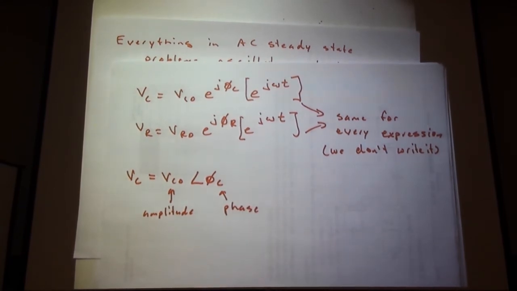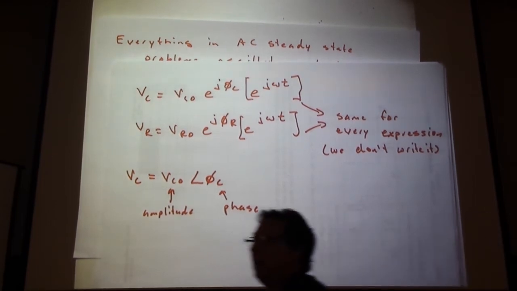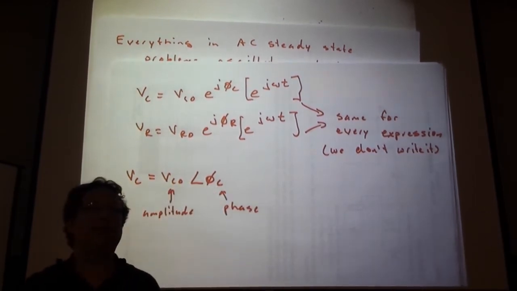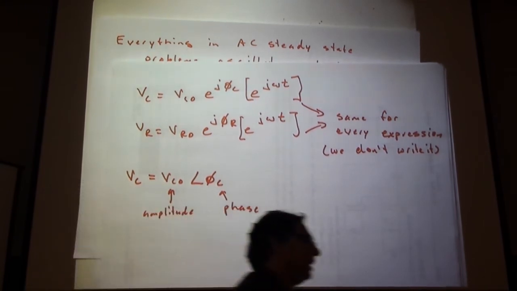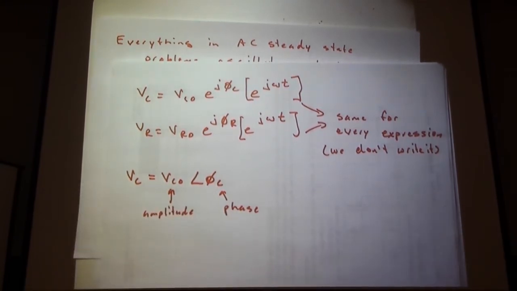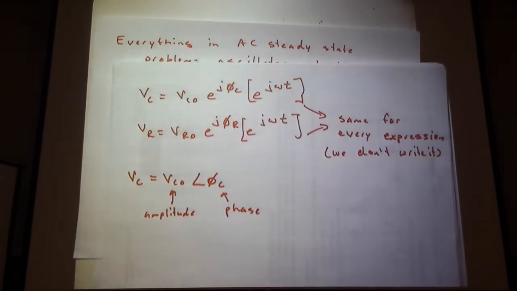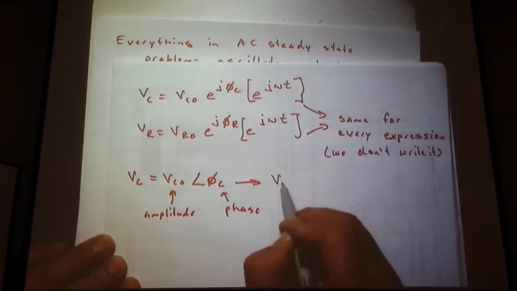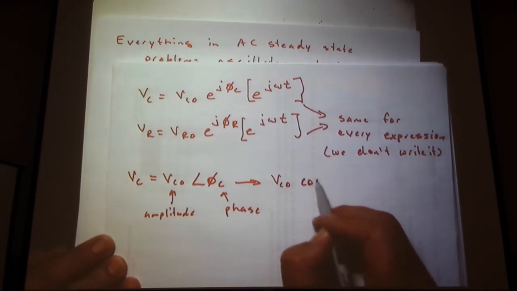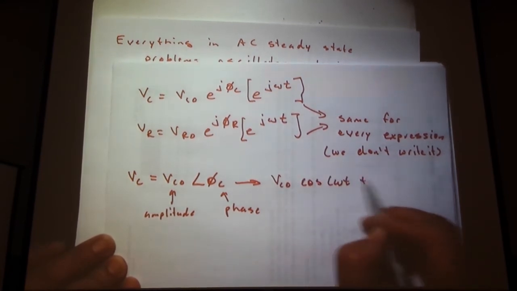That's everything we need for our circuit analysis. Once we know what omega is and we find the amplitude and phase of each of our impedances, we don't need it anymore. It becomes implied, or we don't write it out. This corresponds directly to VC naught cosine omega t plus phi C.